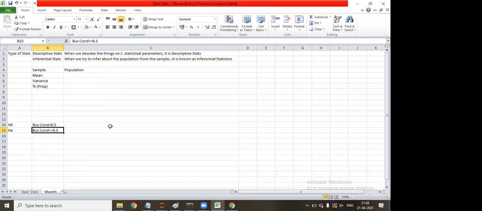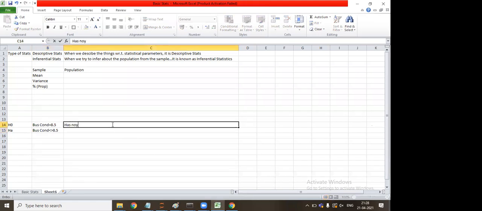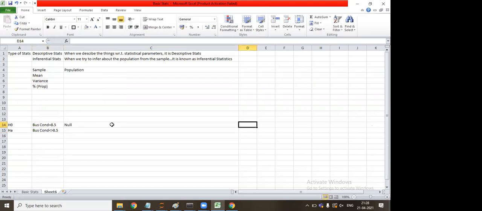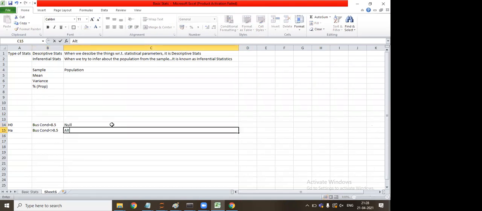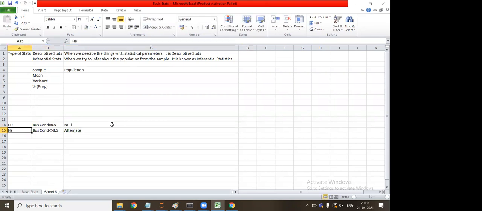So when I name this, I'll name it H0. I'll call it the null, and I'll call the other the alternate. These are the two names. Either you call it HA or H0, or null or alternate.